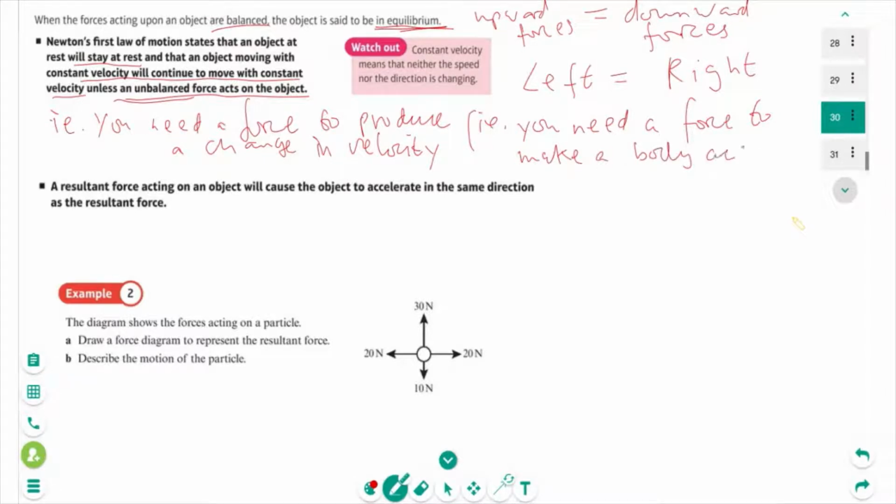That's what Newton's first law is saying. A resultant force acting on the body will cause the object to accelerate. This resultant force is the overall force, the sum of all forces.